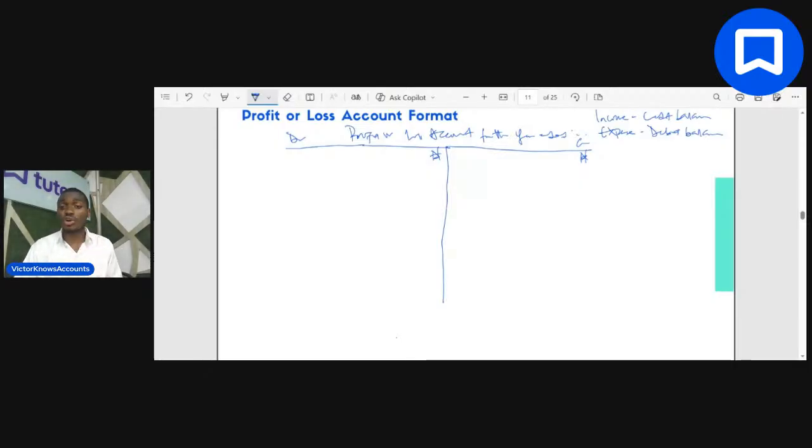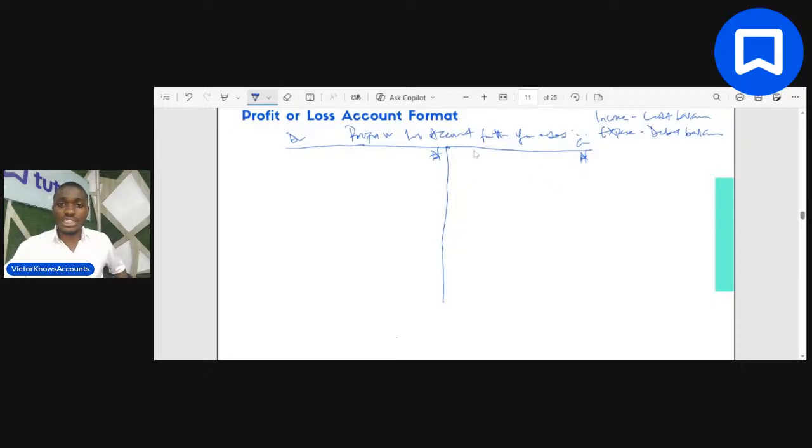Profit is a form of income, so it is a credit balance account. Every form of income will be on the credit side because income is a credit balance, while every form of expense will be on the debit side. Then we compare the two together. If your income is greater than expense, what are we going to have? Net profit. And if your expense is greater than your income, then we are going to have net loss.